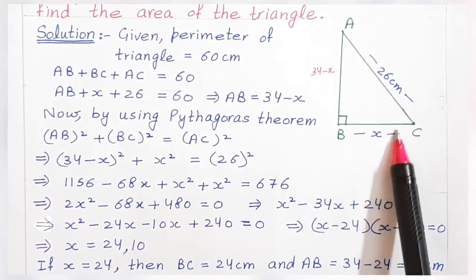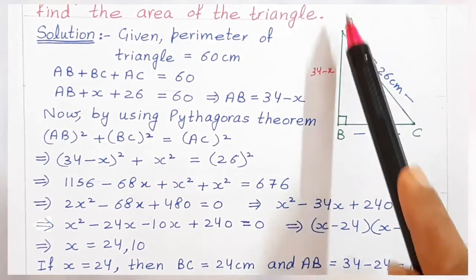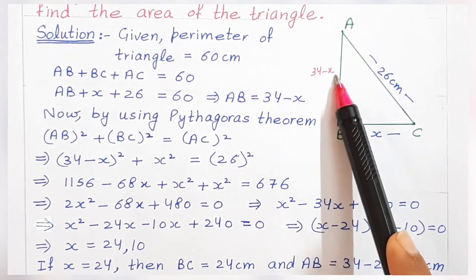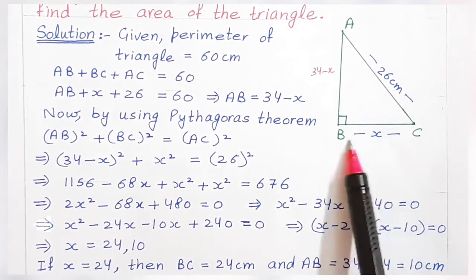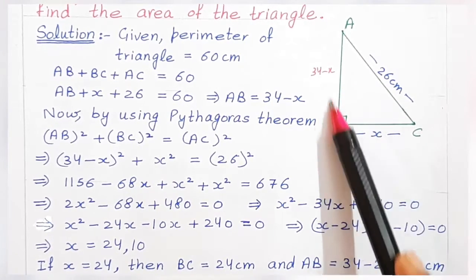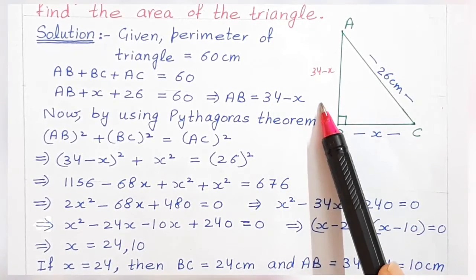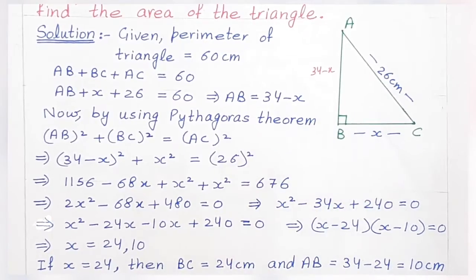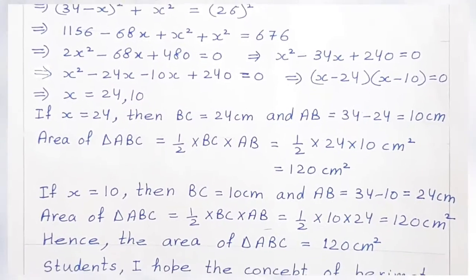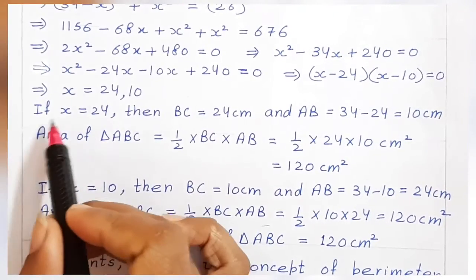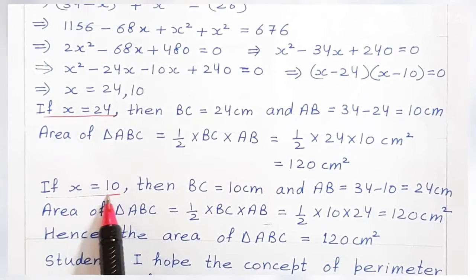So if x is 24, then AB will be 34 minus 24, that is 10. And if x is 10, then AB will be 34 minus 10, that is 24. Clear? So here we will consider both the cases. That is when x is 24 and when x is 10.